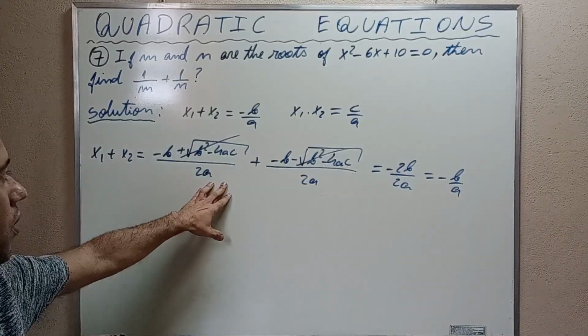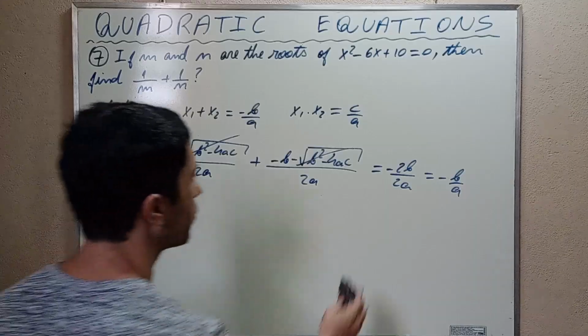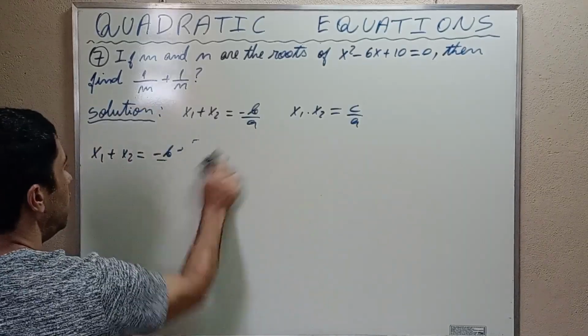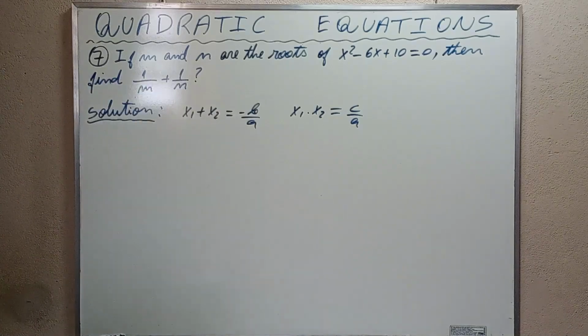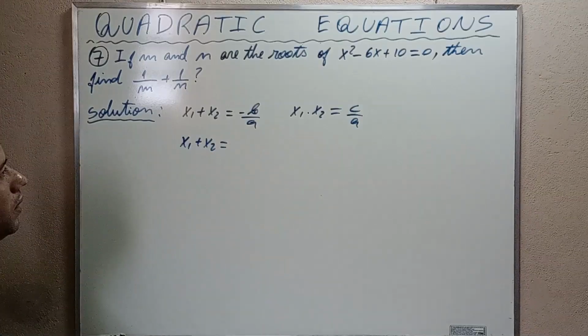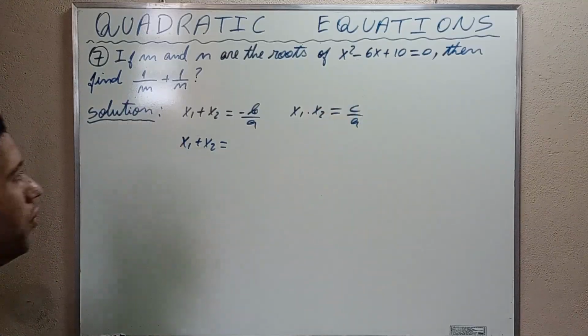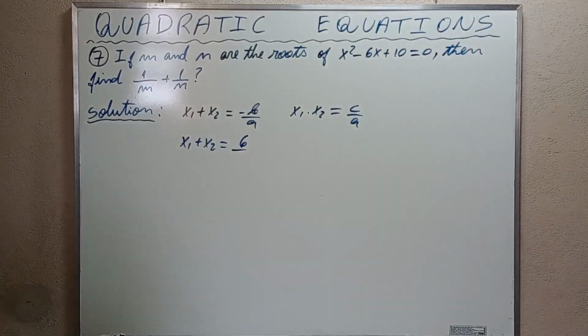Just to give you an idea on how to demonstrate this, we are going to use this. Alright, let's use this. x1 plus x2 is equal to negative b. b is negative 6, negative 6 is positive 6, divided by a. a is 1.